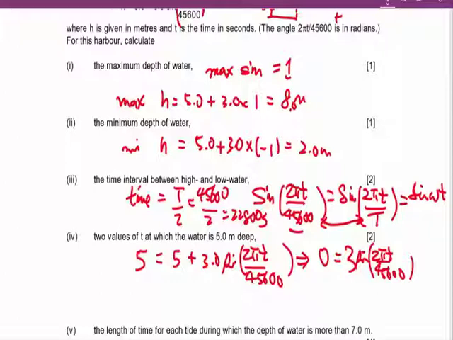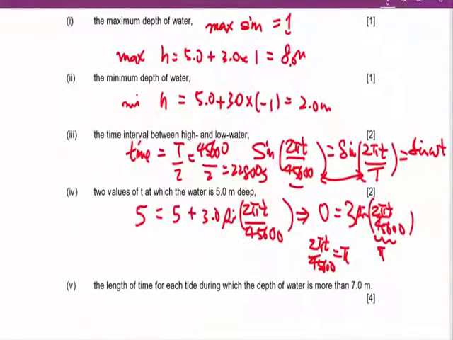So the next value is when the whole term inside is pi, then it becomes 0 again. So 2 pi t divided by 45600 equals pi.